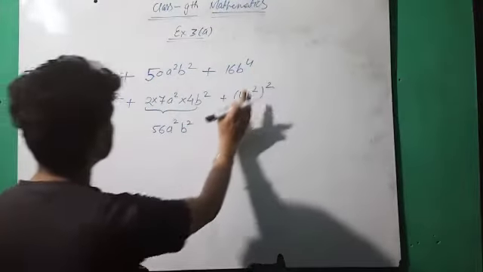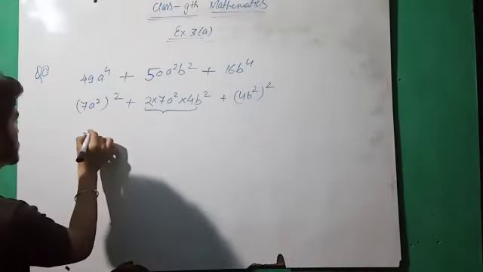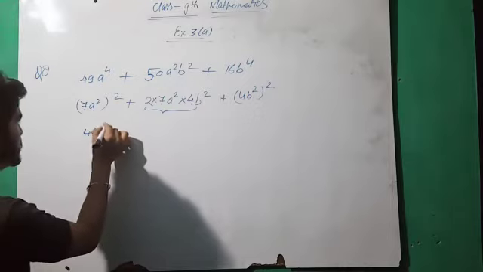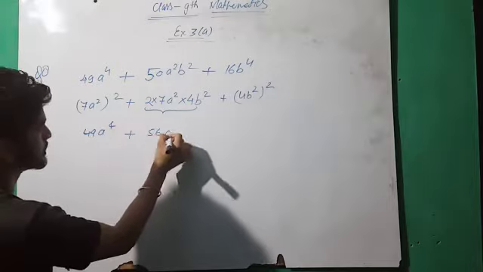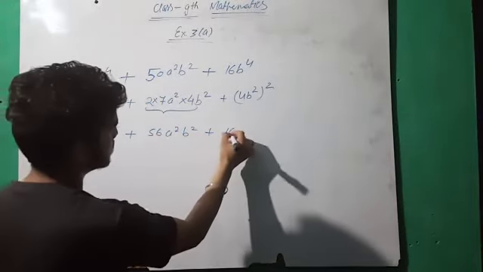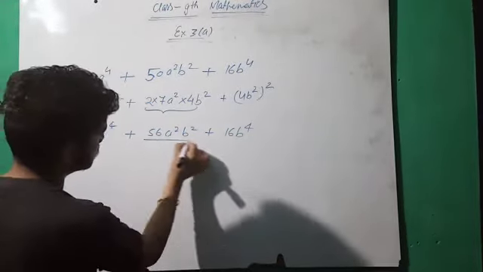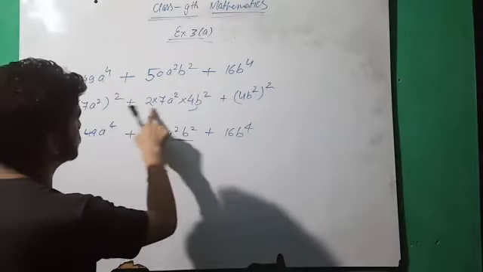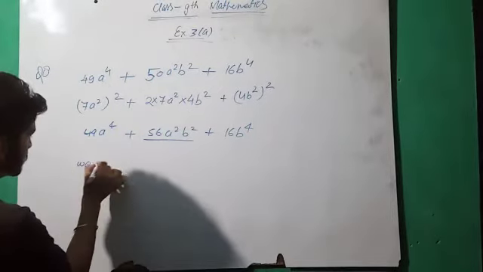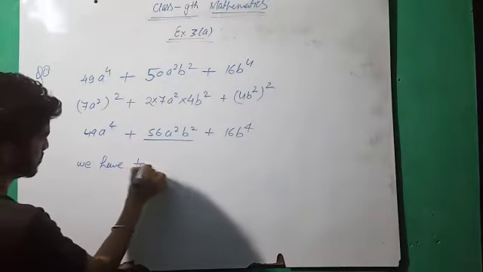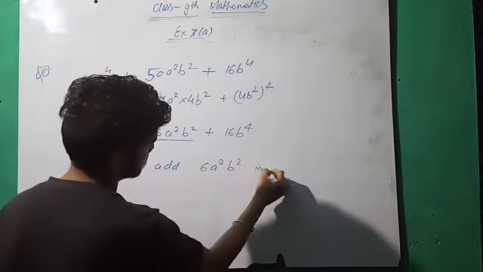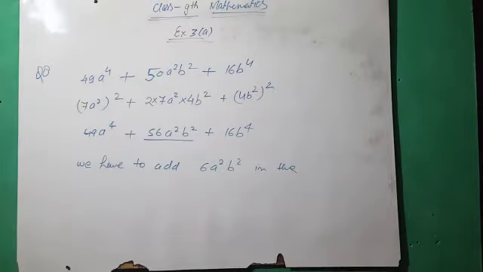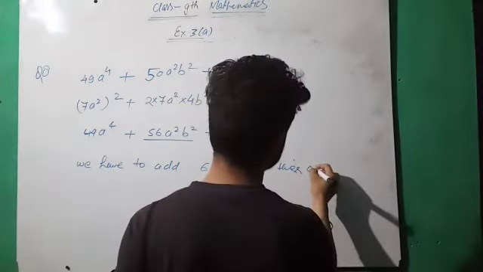In this algebraic expression, we have to add 6a square b square.